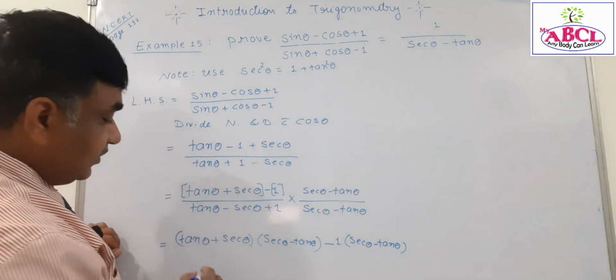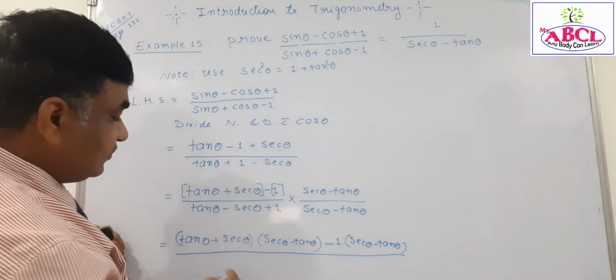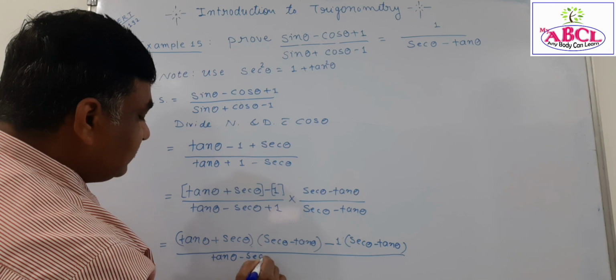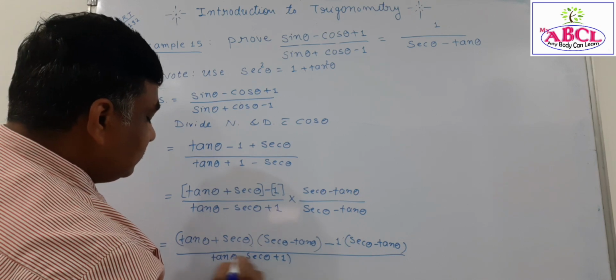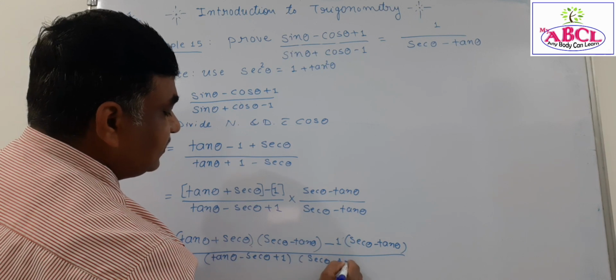And in the denominator, same, no change: tan theta minus sec theta plus 1 and sec theta minus tan theta.